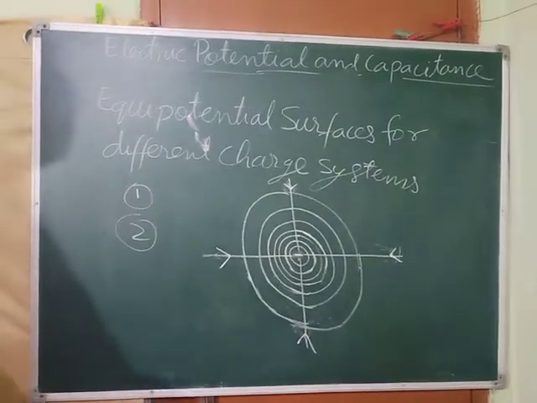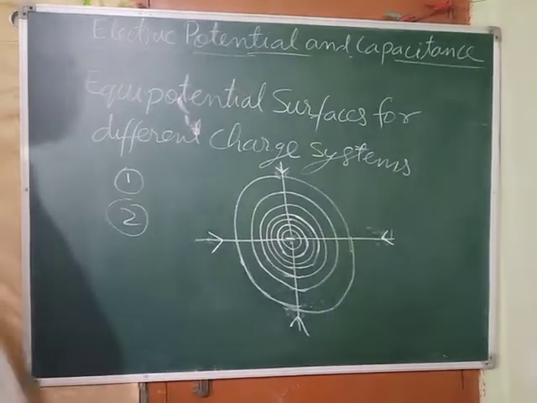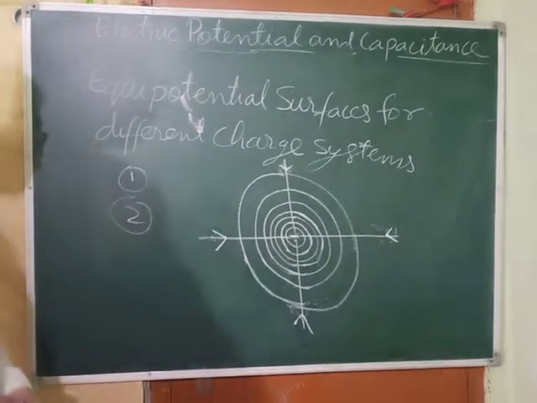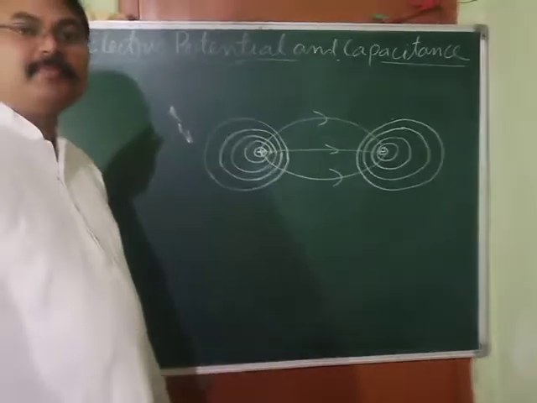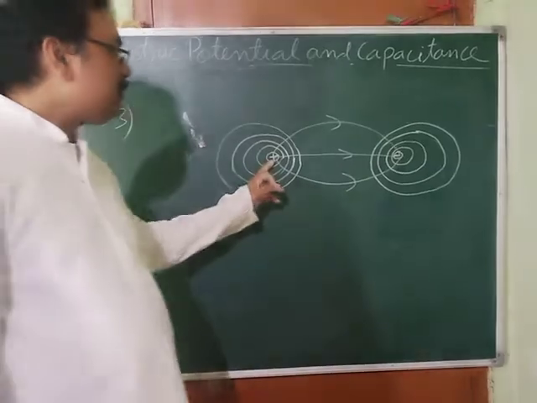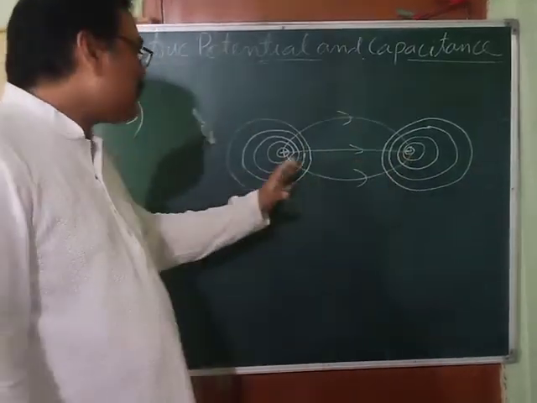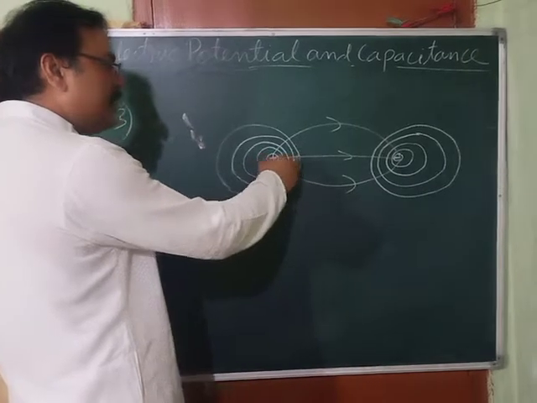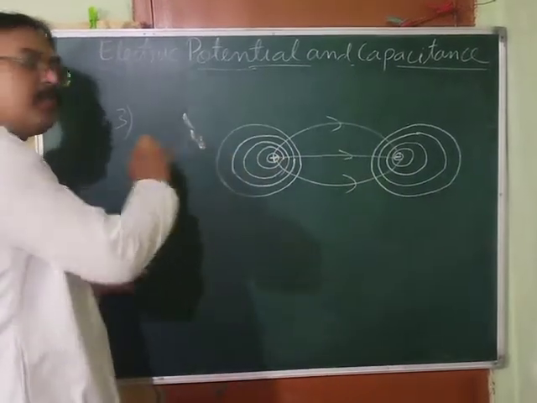Now we have to draw the equipotential surfaces for an electric dipole. So in case of an electric dipole, see, this is a positive charge, this is a negative charge. What you can see is that the spacing is very less here and more here.